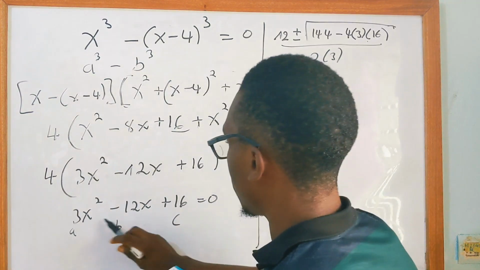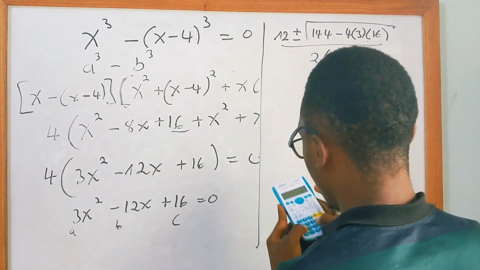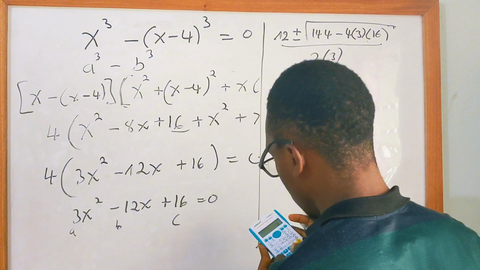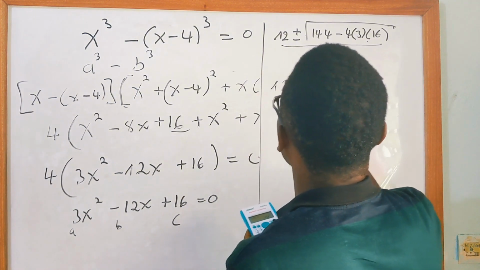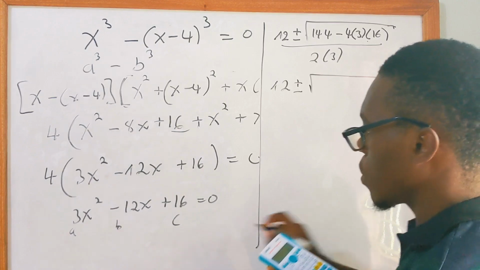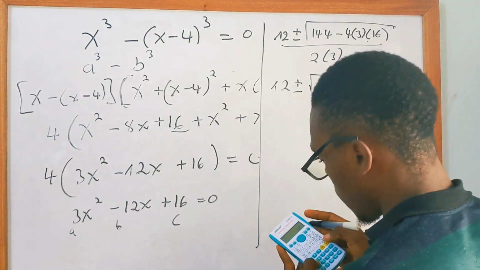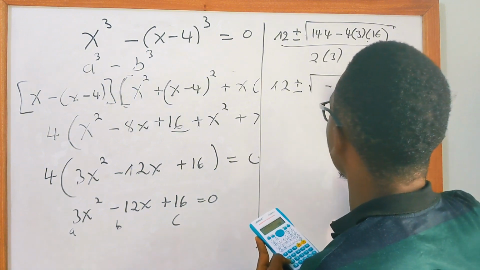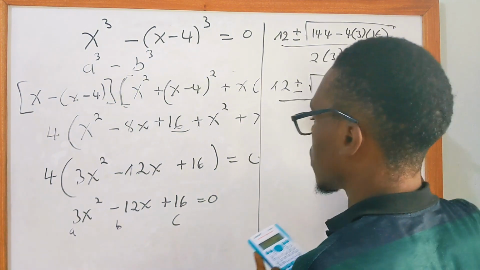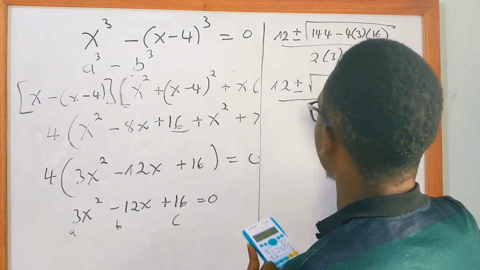We're going to have now 192, that is 12, plus minus root of what? 144 minus 192. Okay, 144 minus this answer, we're going to have what? Negative 48. All over what? 2 times 3, that will be 6.